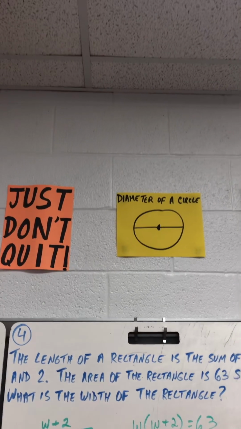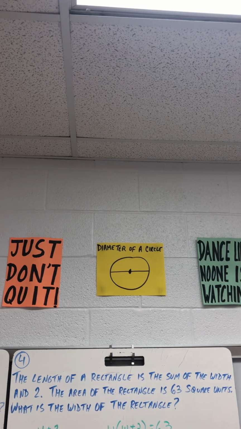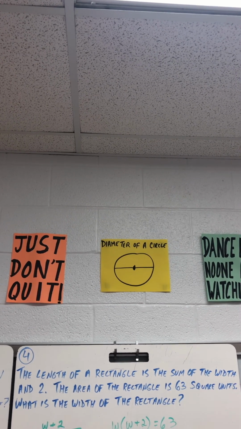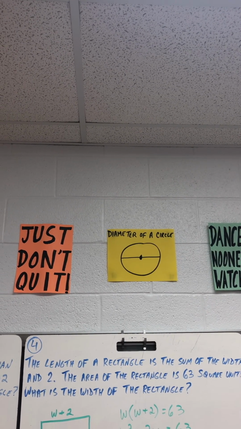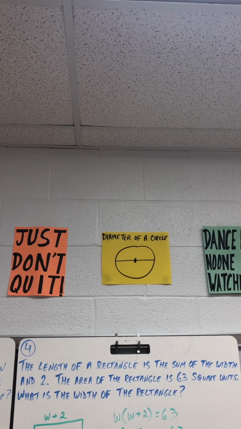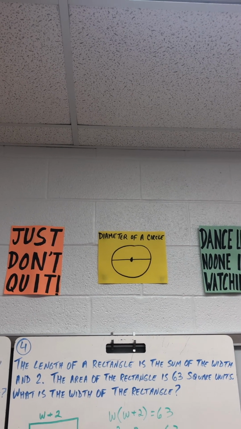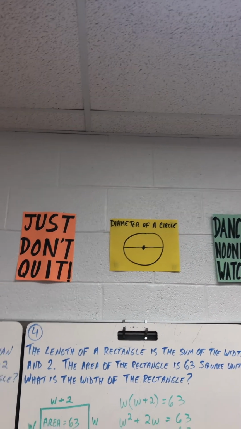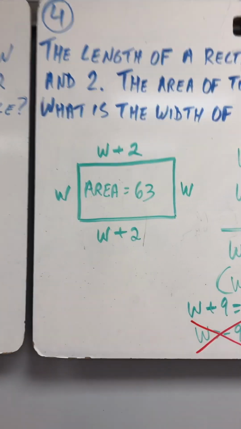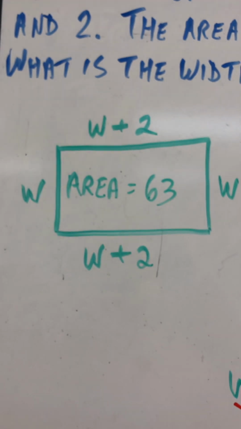One more. The length of a rectangle is the sum. What does sum mean? Sum means add, right? The length of a rectangle is the sum of the width and 2. The area is 63. What is the width of the rectangle? All right. So we have the width, W, and the length is W plus 2.